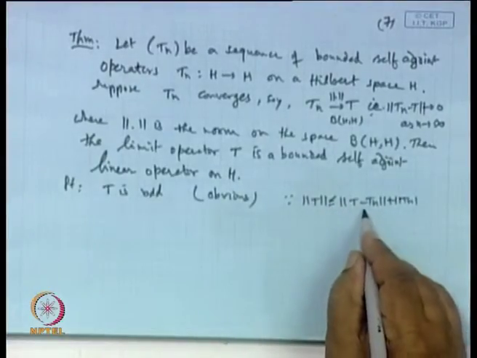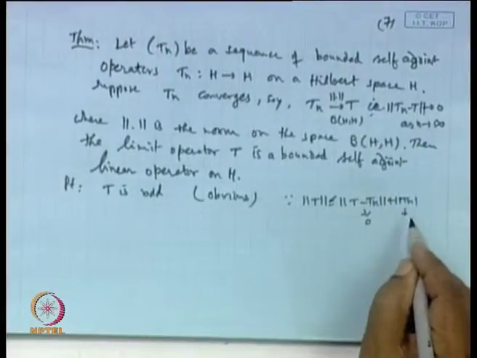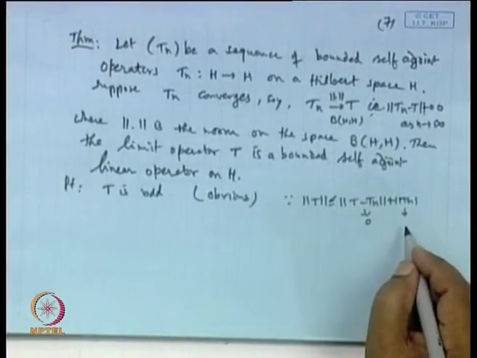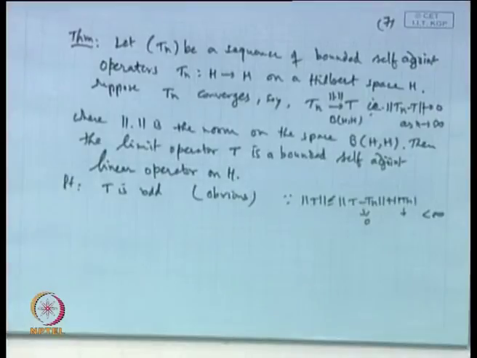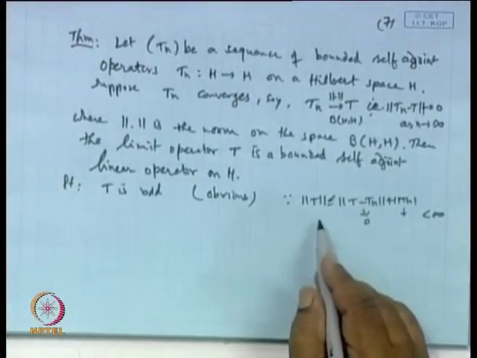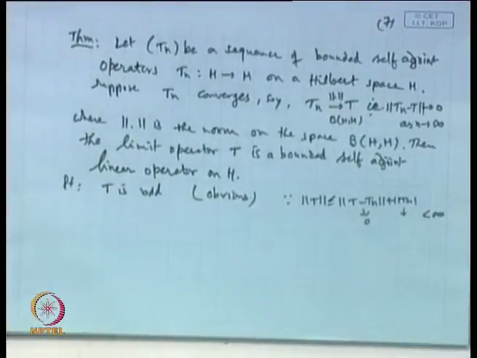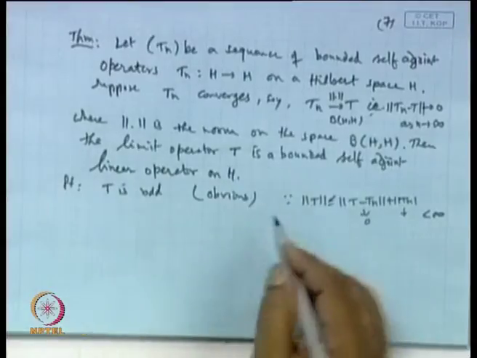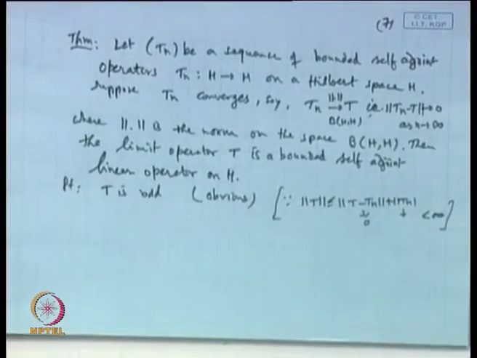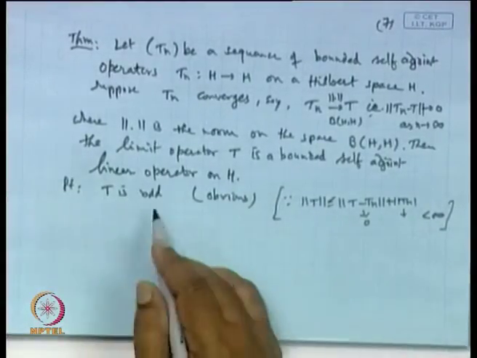Now, this goes to 0 and this is bounded, finite, is it not? So, basically this is finite. Or you can start with norm of Tx, then take Tnx minus Tx. So, the sequence will be bounded. Is it okay?